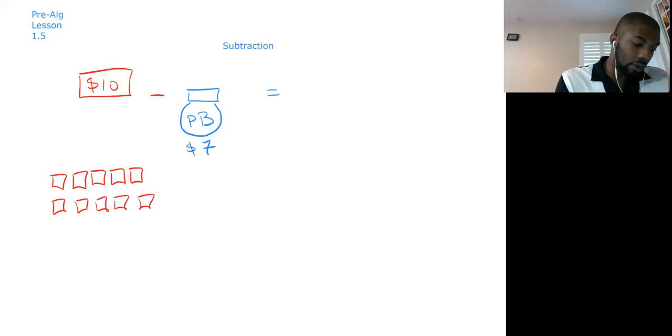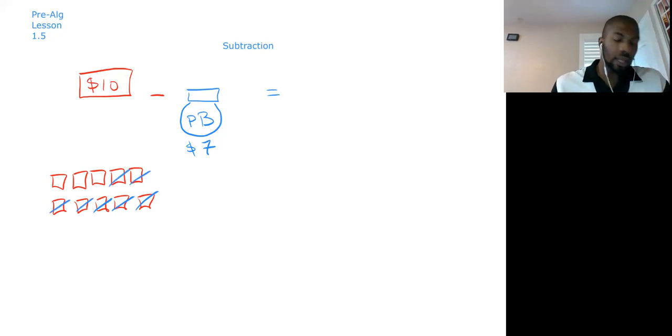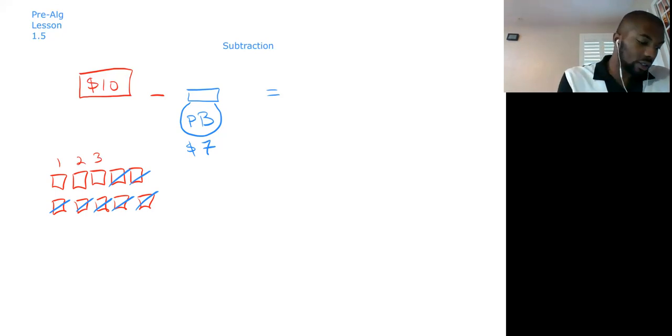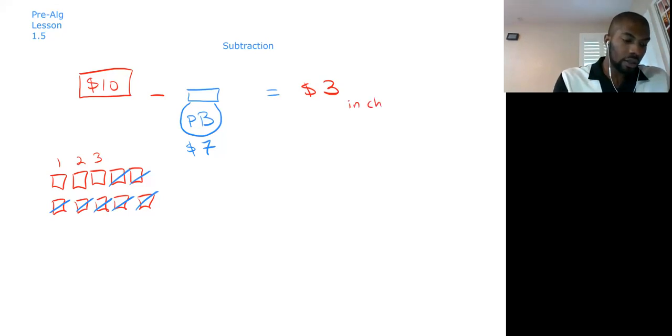So let's do that. 1, 2, 3, 4, 5, 6, 7. How many leftover dollars do I have? Well, it's very simple. I've got 1, 2, 3. $10 minus $7 is a difference of $3 in change. That's how much your friend is getting back, right?